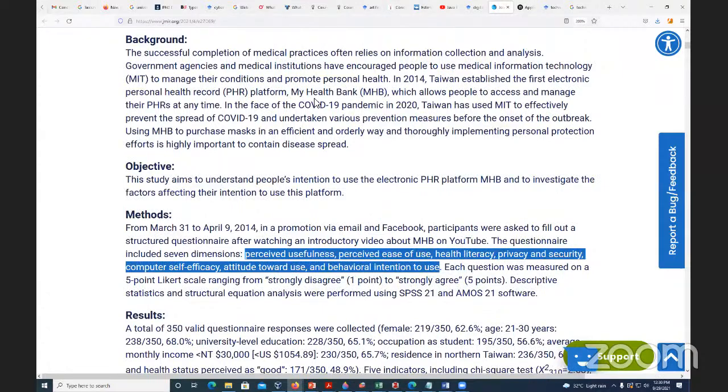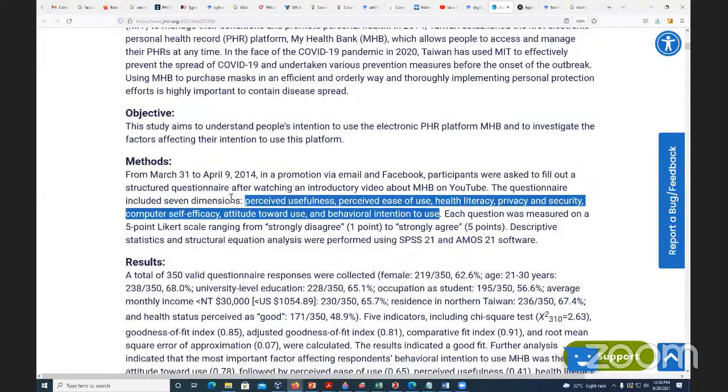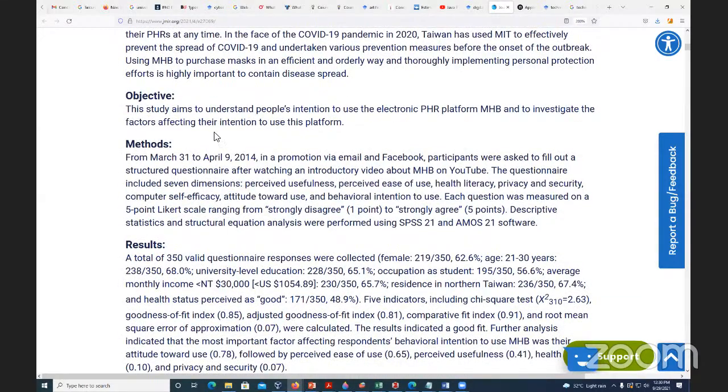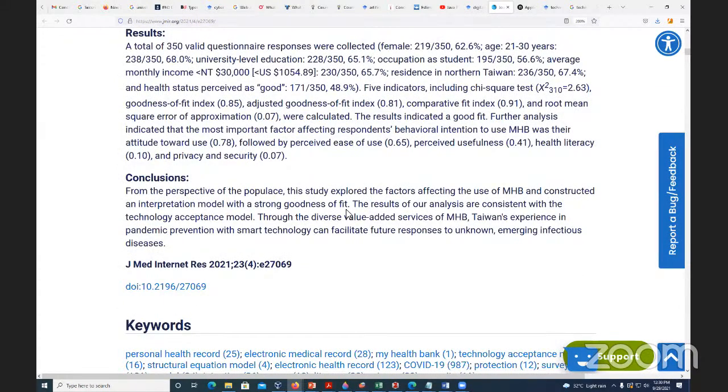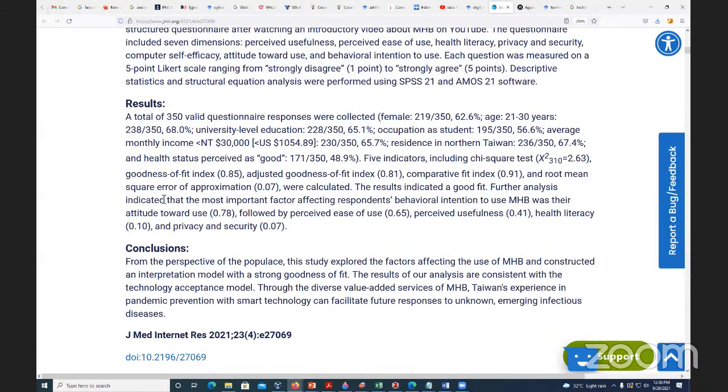They used My Health Bank in the COVID-19 pandemic to help with mass purchasing. Here are the aims of the project, and these are the methods. We shouldn't leave right now without at least finding out the results and the conclusions, because I'm curious.